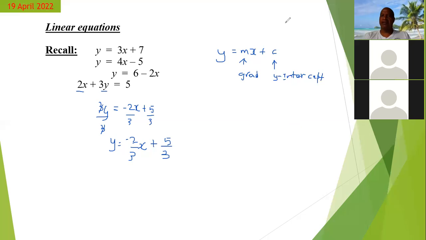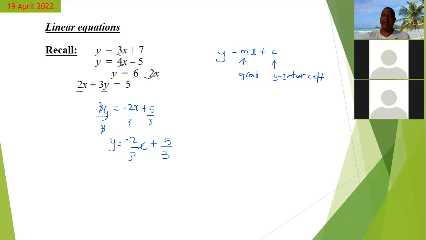Sir, question before you clear. That one is a new formula for gradient as well? No, it's the equation of a line. It's not a formula for the gradient. We already know the formula for gradient, but we are saying that the value in front of the x is the gradient. So in this case, the gradient would be 3. In this case, the gradient is 4.